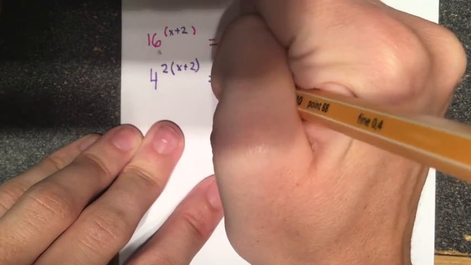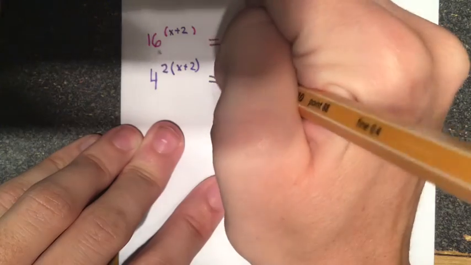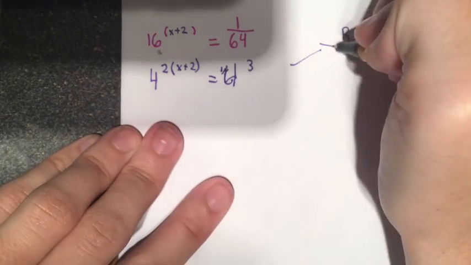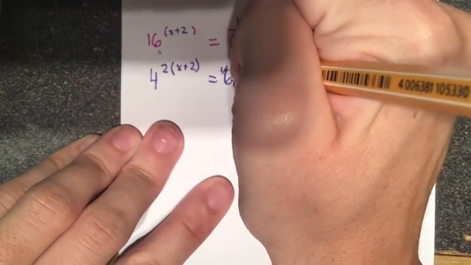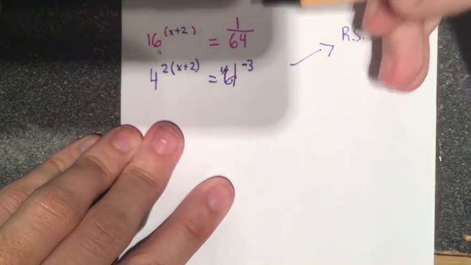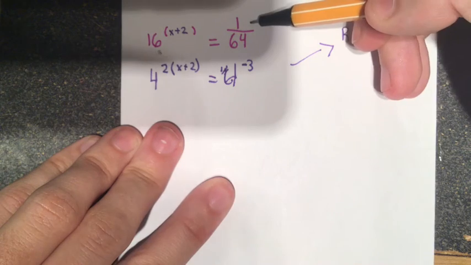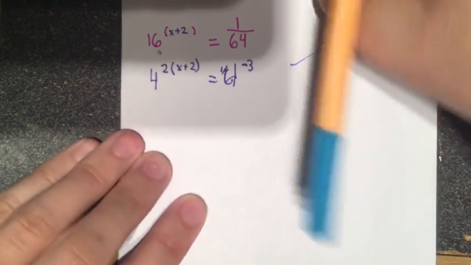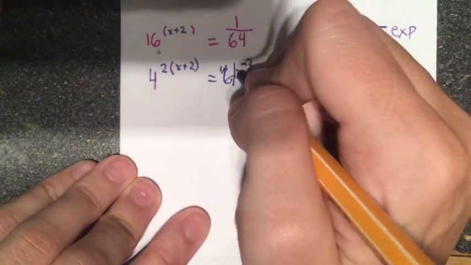But, wait, I'm sorry. Let me write this. 4 to the third power. But, ooh, okay, if I remember back here, it has to be a negative third power because we have a fraction with a 1 in the numerator. So we have a 1 in the numerator, so it's going to have to be a negative exponent here. So I have this guy here. So now I have my common base. I have a 4 and a 4.